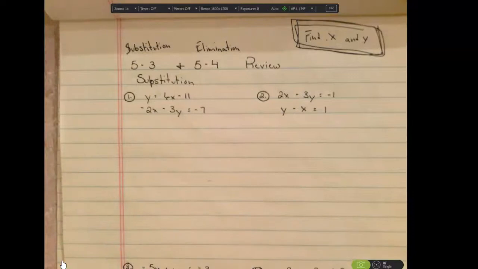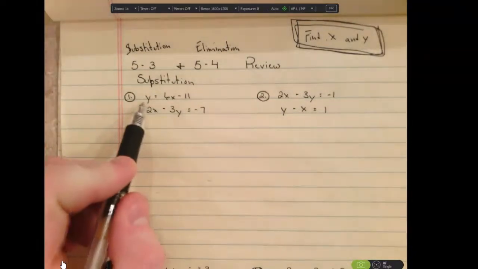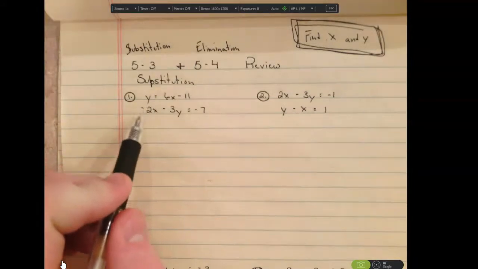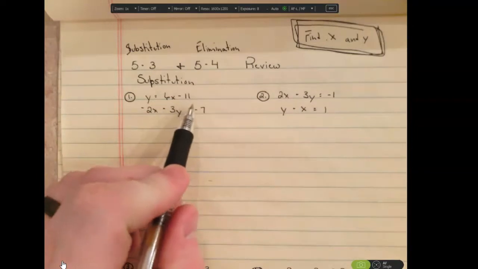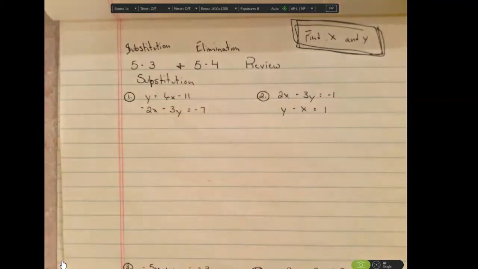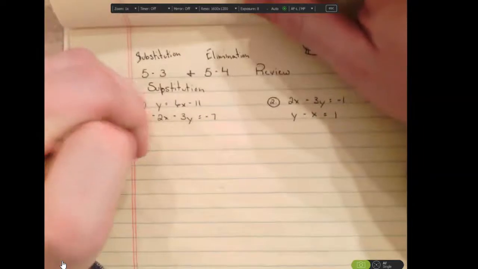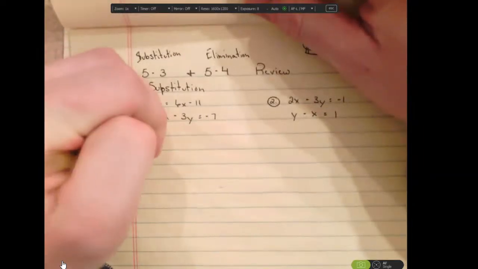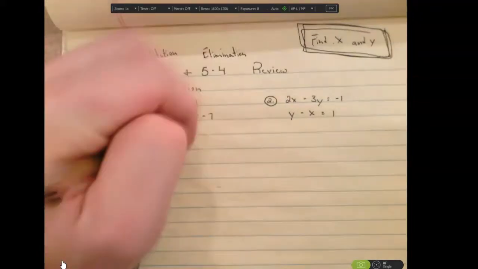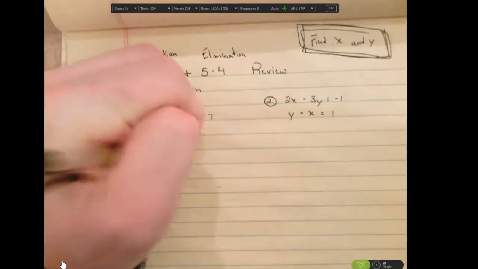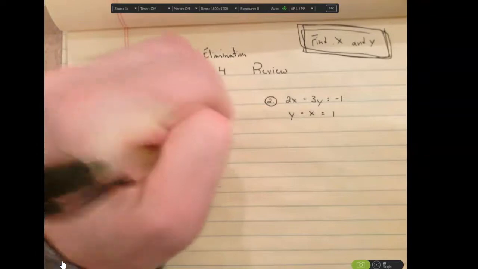So I can already begin to substitute for y. Everywhere that I see a y, I'm going to plug in what it equals, 6x minus 11. I'm going to rewrite this and substitute in for y: negative 2x minus 3, and now I came across the y, so I put what y is equal to, 6x minus 11.